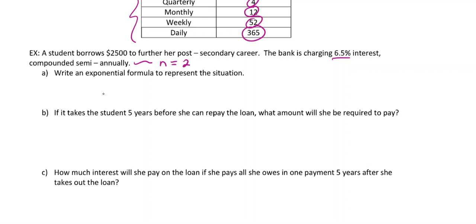So throwing it into the equation up top, A is equal to 2,500 times 1 plus our interest rate, 0.065, written as a decimal, divided by 2. And then that to the power of 2 times t.